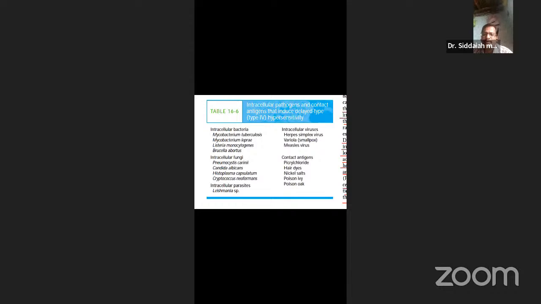Intracellular pathogens and parasites induce the fourth type of hypersensitive reaction. In the process of eliminating intracellular pathogens and parasites, normal processes give the clearance. If the process takes place abnormally, abnormal tissue damage will occur. This type of abnormal tissue damage is also called hypersensitivity fourth reaction.